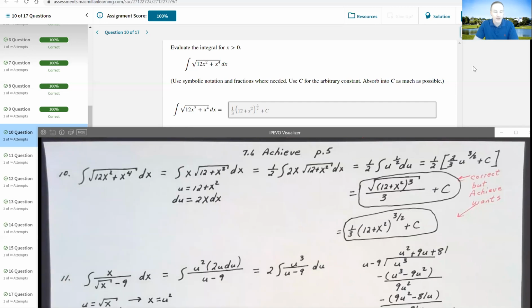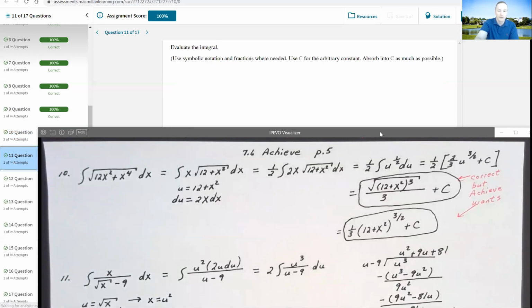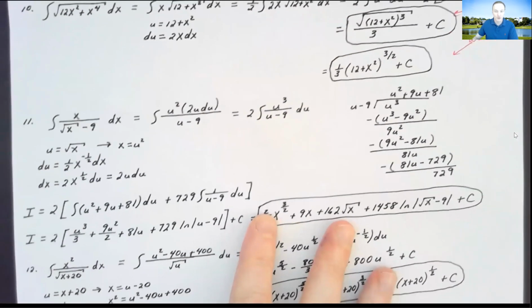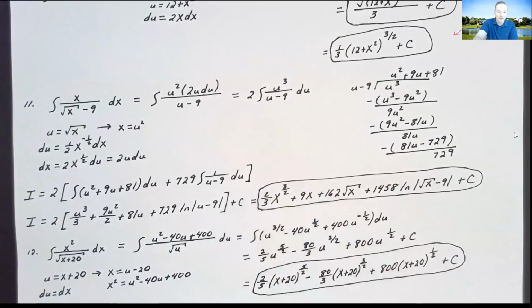I would always recommend going ahead and sticking with fractional exponents if you want to be more like what they want the answer to be. That's not truly the best format of a final answer, but given we want to get the questions correct on the first attempt, it might be best just to leave them in that format.